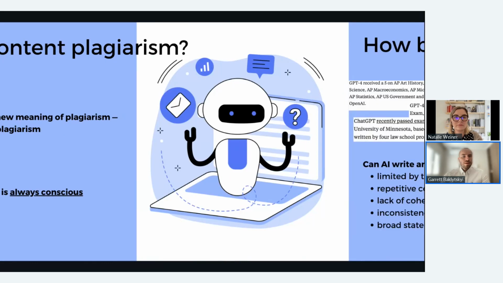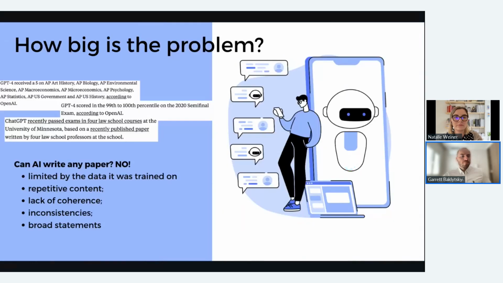So how big is the problem? You probably read a lot of articles about ChatGPT passing medical, law, and other kinds of exams. But is it capable of writing any kind of text and passing any kind of exam? No, at least for now, because the technology evolves very fast and we see it in our days.